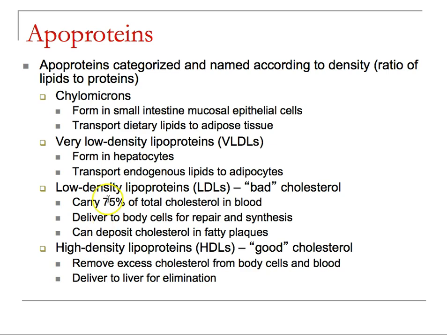But very low density lipoproteins are formed inside the hepatocytes, and they transport lipids to adipocytes. Low density lipoproteins, we used to call these things bad cholesterol, okay? They can deposit cholesterol in fatty plaques. It's completely true. Significance, though, unclear. And high-density lipoproteins, good cholesterol, remove excess cholesterol from body cells and blood, deliver it to the liver for elimination.